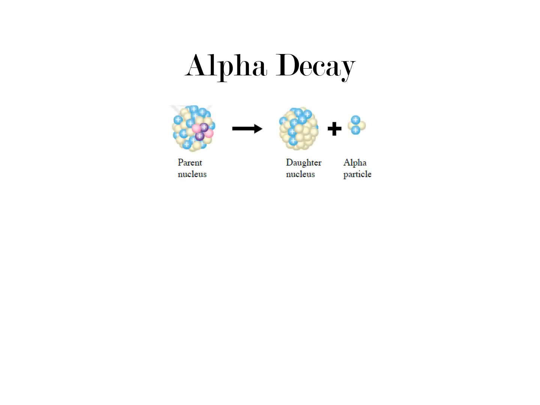So let me show you the diagram for the process of alpha decay. So here is the parent nucleus, which is unstable nucleus, undergo alpha decay and produce daughter nucleus and emit an alpha particle. So the daughter nucleus will become more stable than the parent nucleus. So now let's see the example of alpha decay.